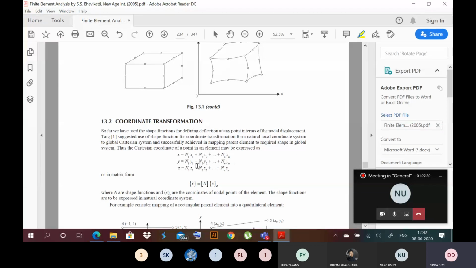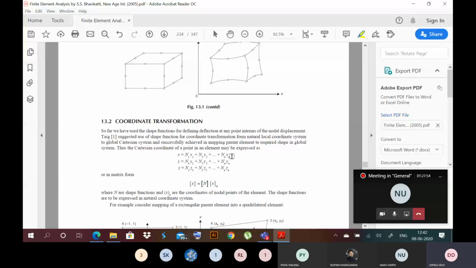At any point, x, y, z is the coordinate of any point within the element, and N1, N2, N3 are the shape functions at that particular point. So this N1 will give you the contribution of x1 at that particular point. N2 will give you the contribution of x2 at that point. Nn will give you the contribution of xn at that point.